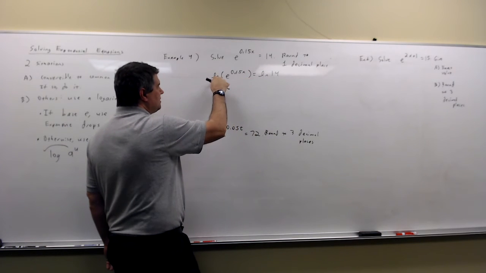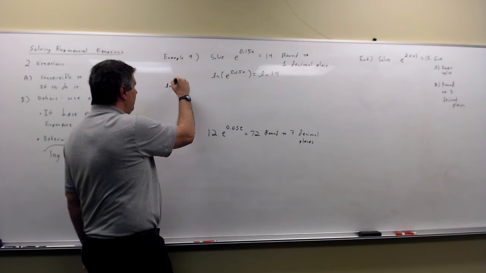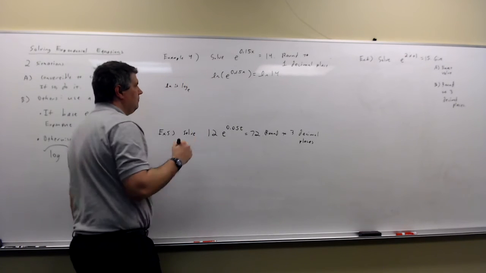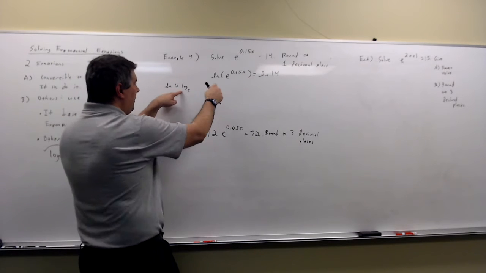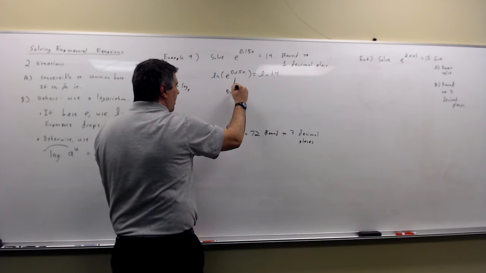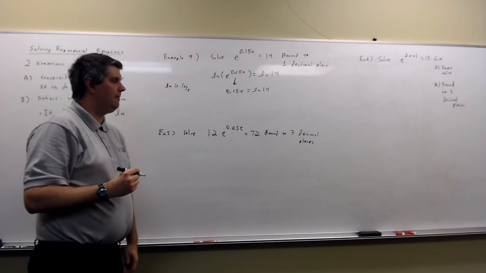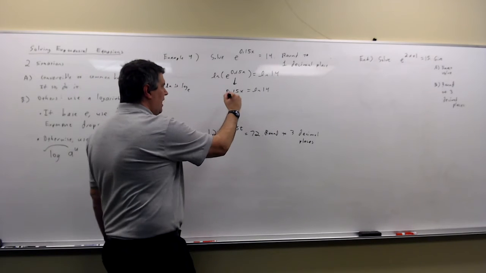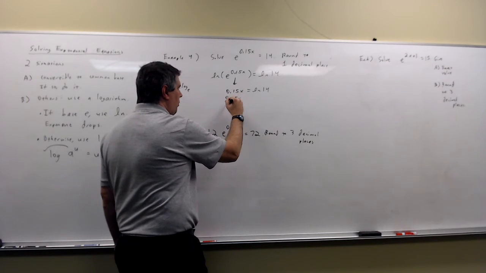Now, ln is equivalent to log base e. So log base e of e to a power simply takes the exponent out of the exponent. All right? Next, we simply divide off that 0.15.